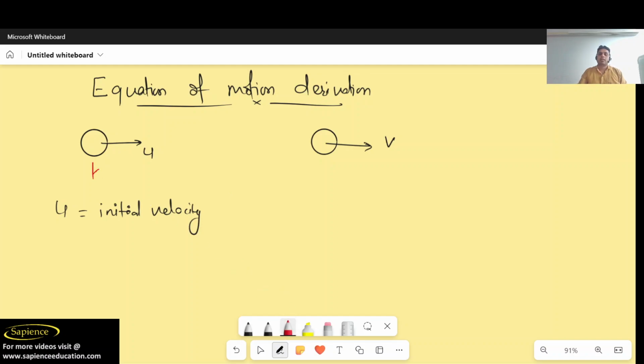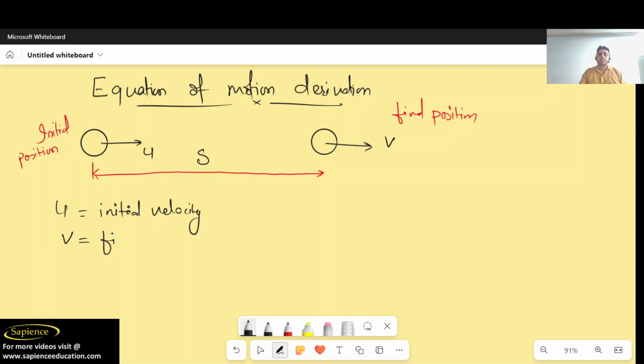And the distance traveled between initial and final point, this is your initial position and this is your final position, and the distance between these two positions is s. So u is the initial velocity, v is your final velocity, s is the distance traveled, your displacement.